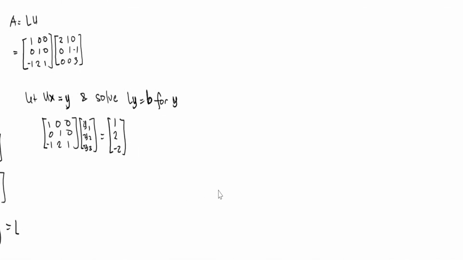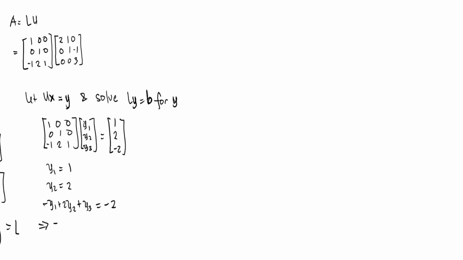Okay, then we multiply this, so we can create now the system of linear equations. y sub 1 equals 1, and then y sub 2 equals 2, and then negative y sub 1 plus 2y sub 2 plus y sub 3. So we use these coefficients, we multiply it here, so that is equal to negative 2. And then by forward substitution, we use these values of y sub 1 and y sub 2, we substitute in here.